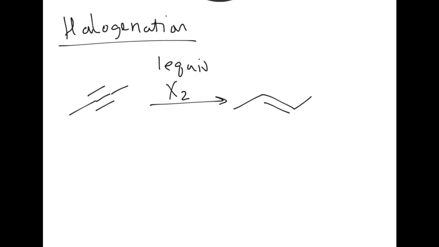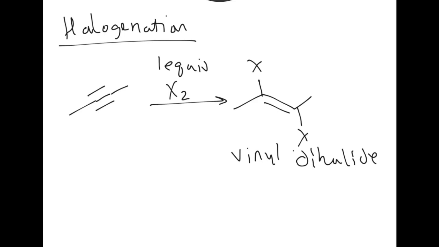So I'm going to make a vinyl dihalide, right? And just like halogenation of alkenes, our halide here is going to be Cl2 or Br2. So one equivalent, you end up with a vinyl dihalide.